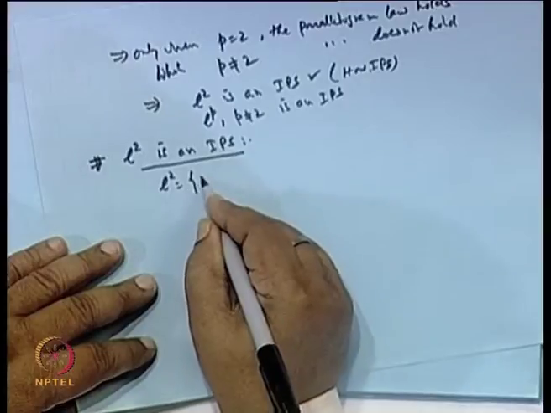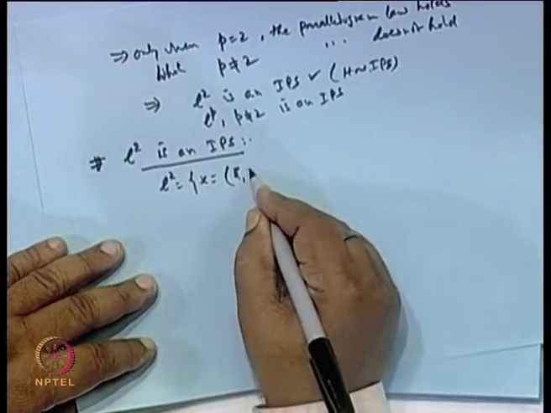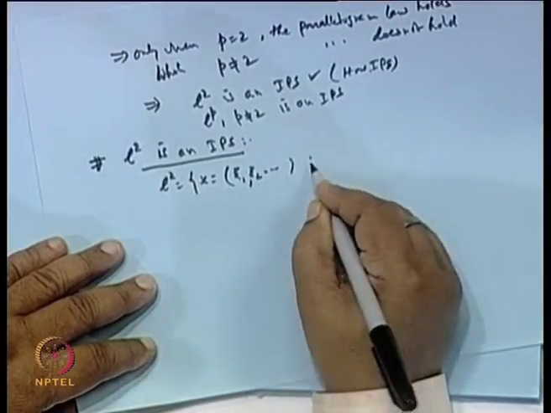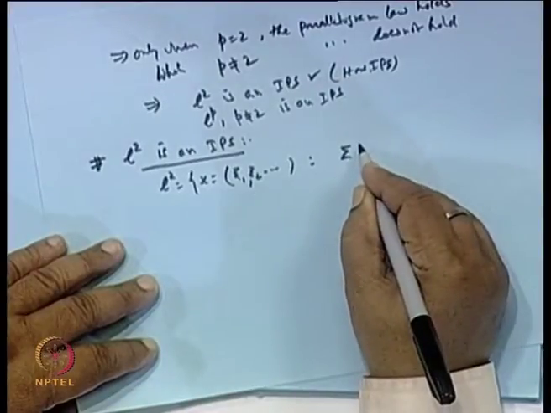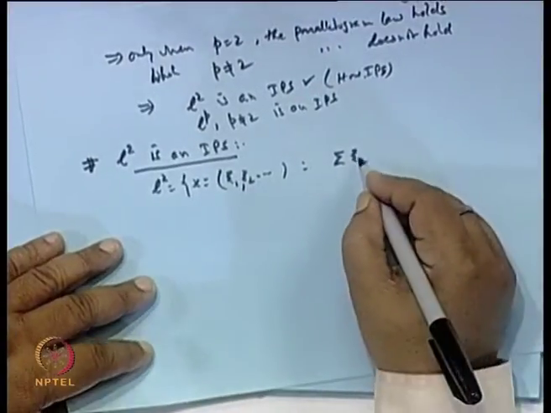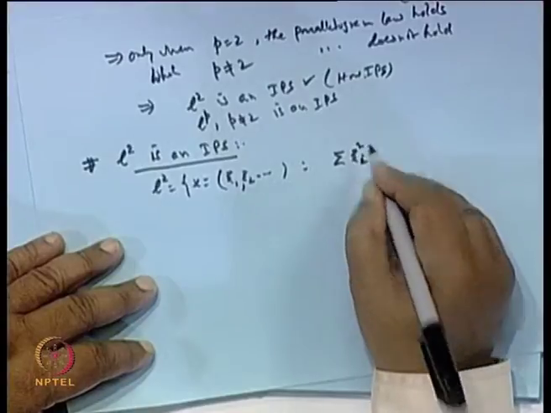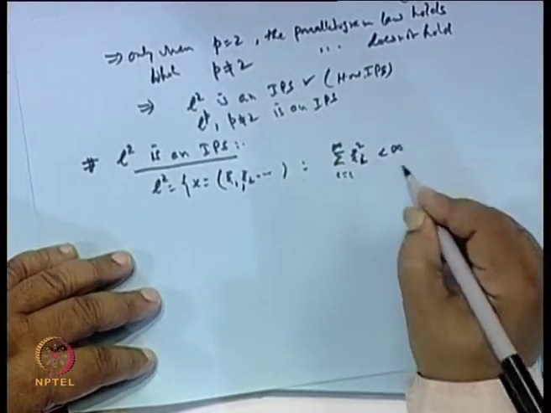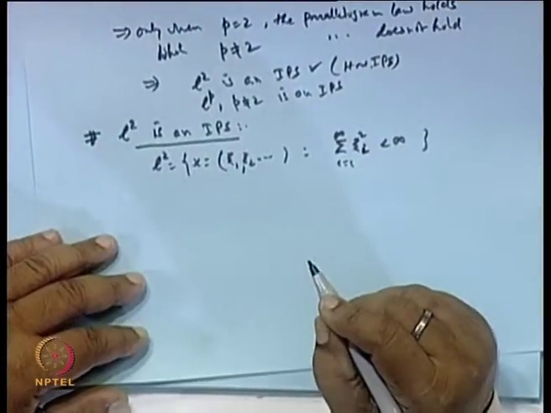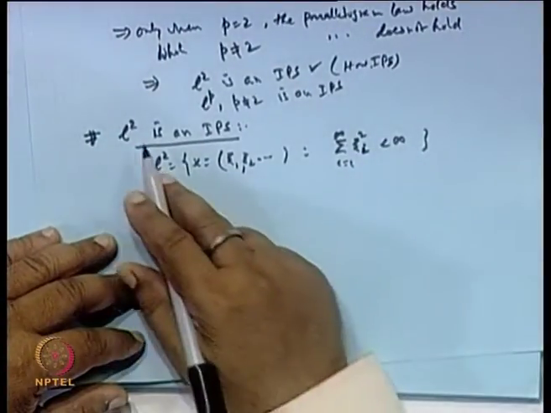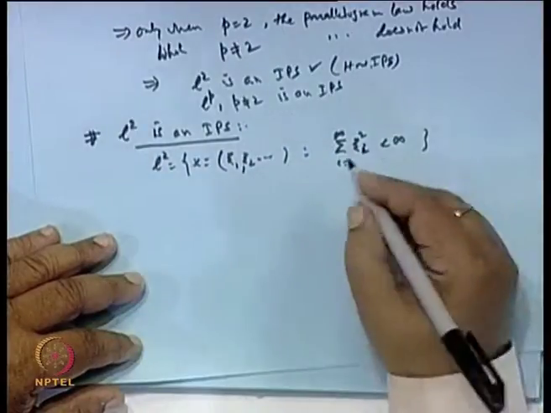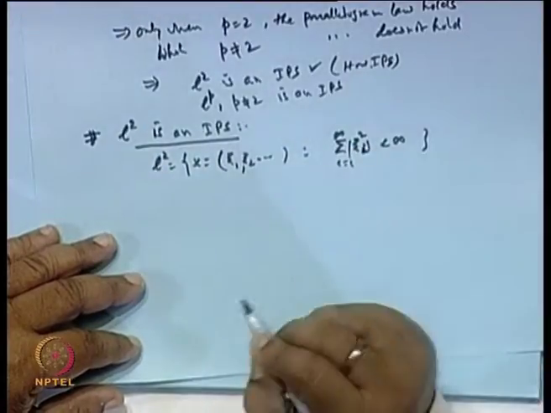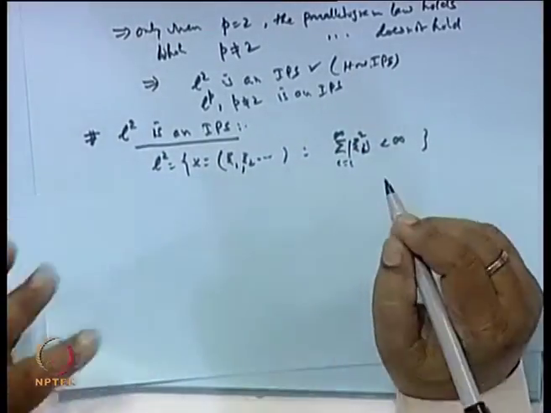L2 is the set of those sequences x such that sigma |xi| square, i is 1 to infinity, is finite. Clear? If it is a real space, it is xi square; if it is complex, take the mod square, which is finite.